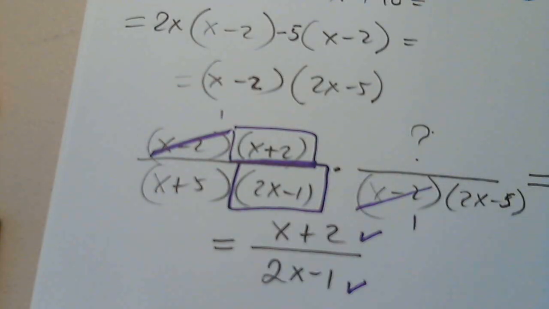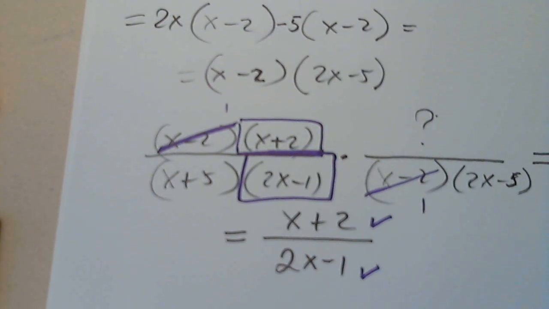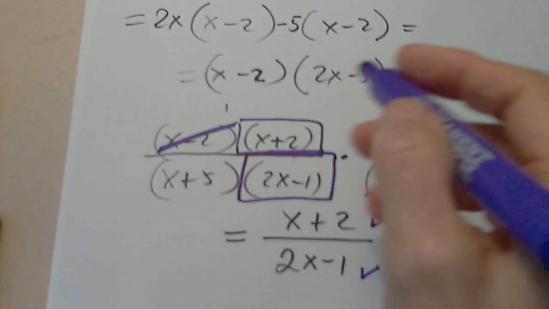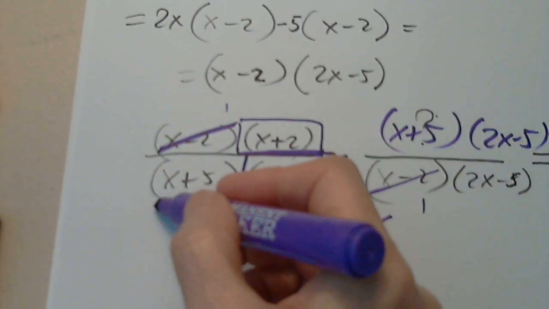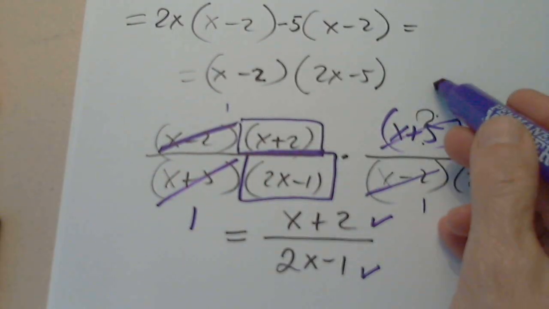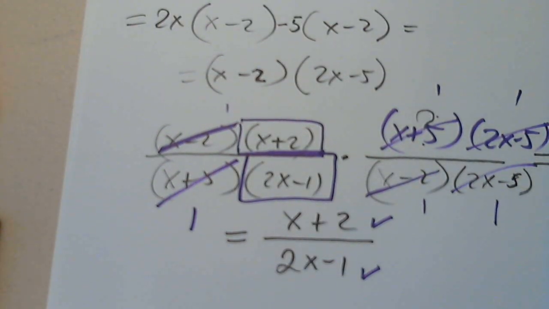Because it has to be in the final answer. Now, I already know what the question mark should be. Can anyone tell us what the question mark should be? x plus 5, 2x minus 5. Because it has to go away with this, and it has to go away with this. And that is the final answer.